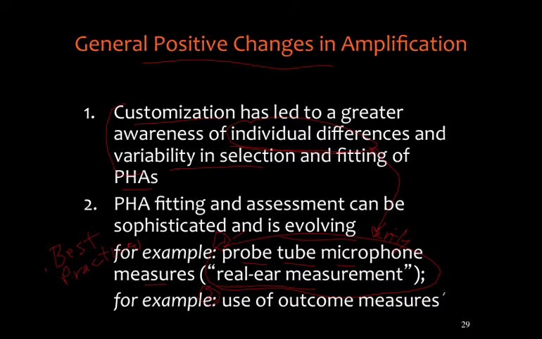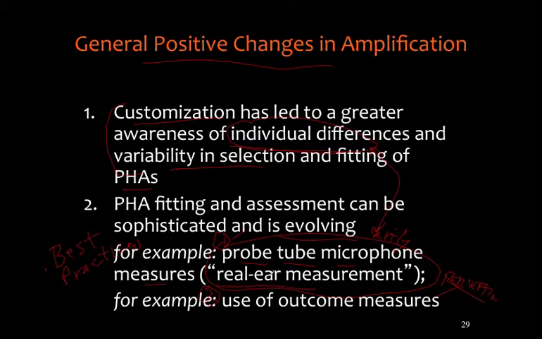We talked in Lecture 6 about the use of questionnaires to get persons' perceptions of how well they're doing, their perceptions of sound quality, their perceptions of whether this is helping them, all these kinds of things that we'll talk about a little bit later on. So best practices include probe tube microphone measurements and use of outcome measures.